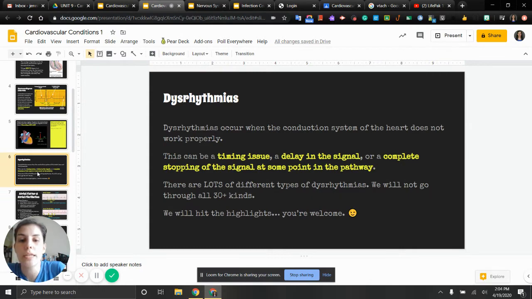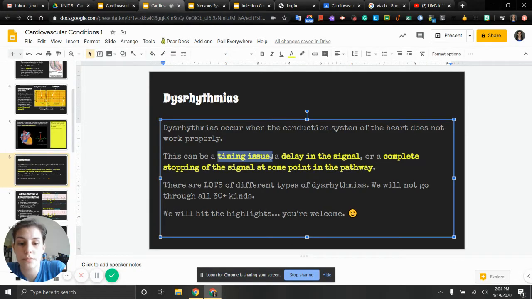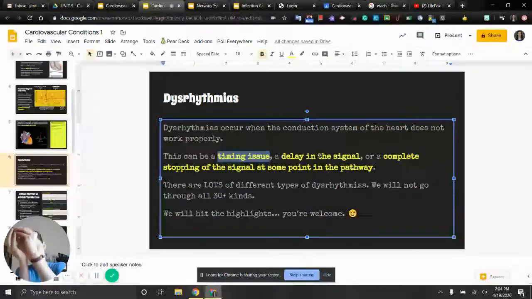Okay. So again, a dysrhythmia is when the conduction system is not working properly. So that can be a timing issue. So again, this part of the heart beats and then this part of the heart beats and it's how fast it gets through there. There can be a timing issue. There can be a delay of the signal. Okay. So especially once you pass the AV node, you go through the bundle of His, and then you have the two bundle branches.